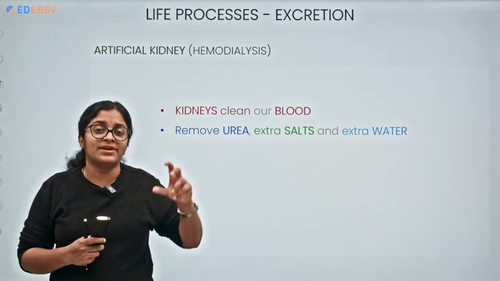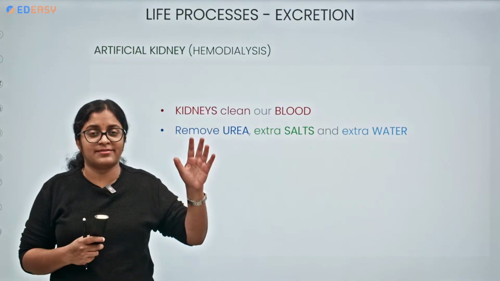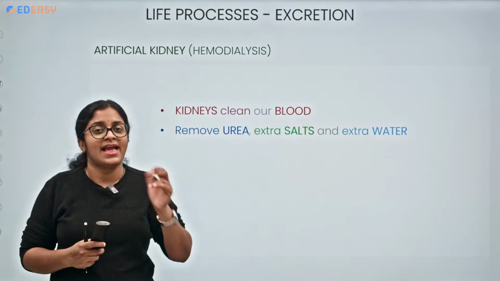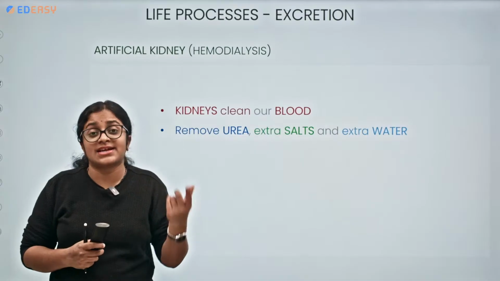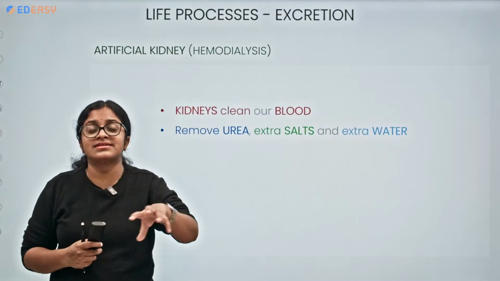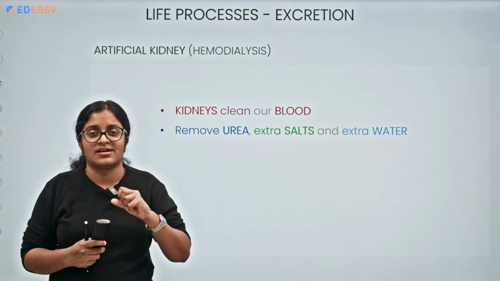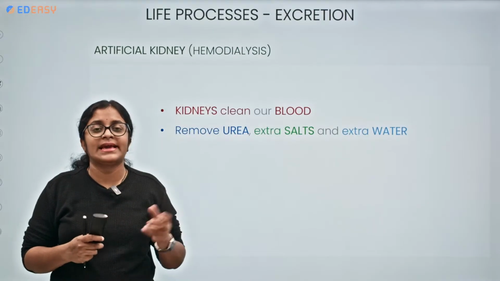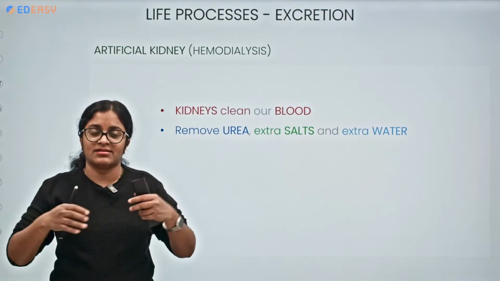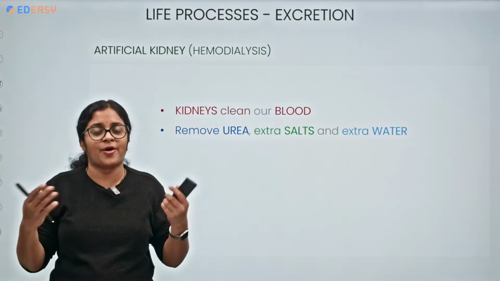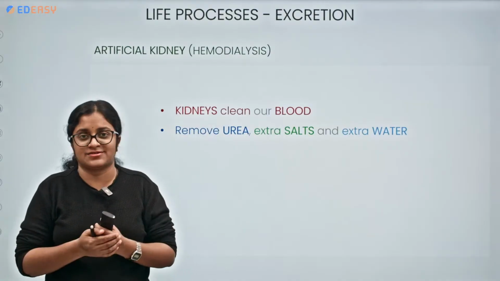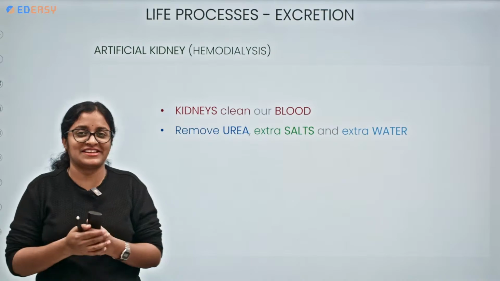So if urea is present in the solid form and all the other ones are eliminated as liquid, there are chances that the urea blocks the excretory organ part. So that is the reason it should definitely be eliminated in the form of liquid matter only, not solid matter.